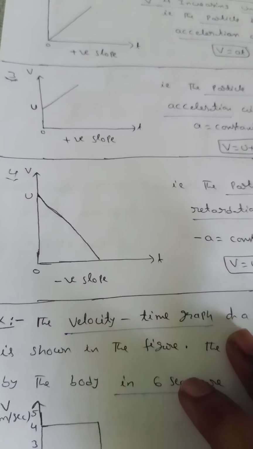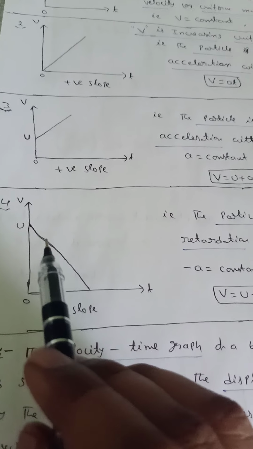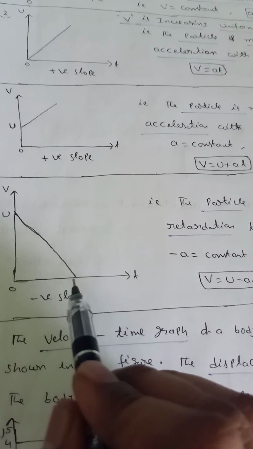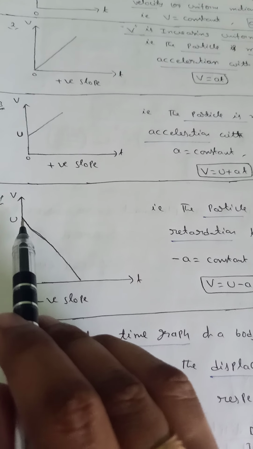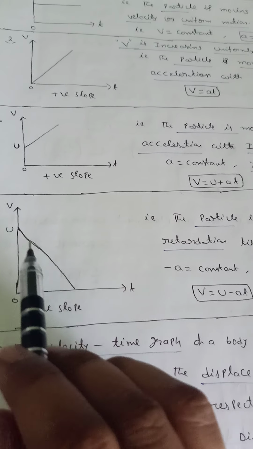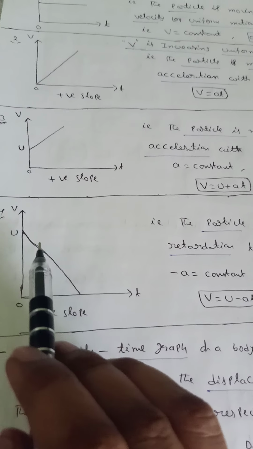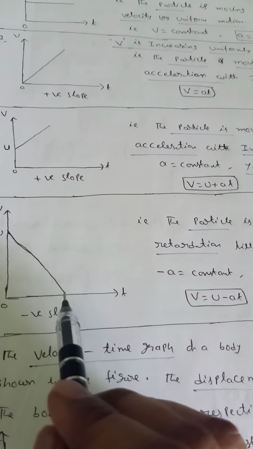Now the fourth case: as time increases, the velocity gradually decreases, and at a certain time the velocity becomes 0. That means retardation. The particle is moving with uniform retardation till the velocity becomes 0.